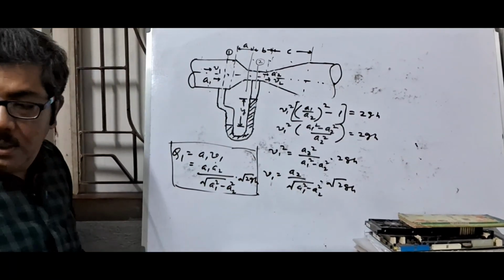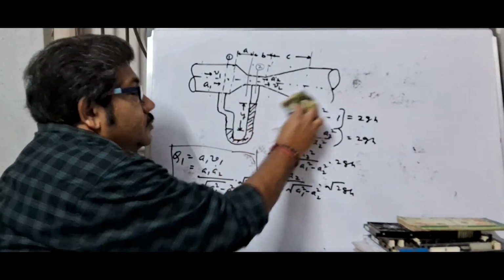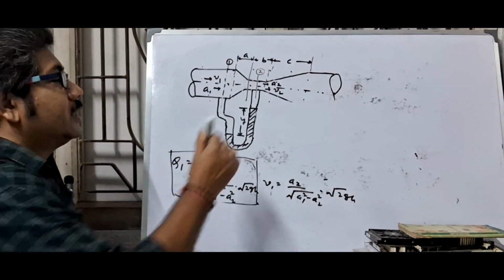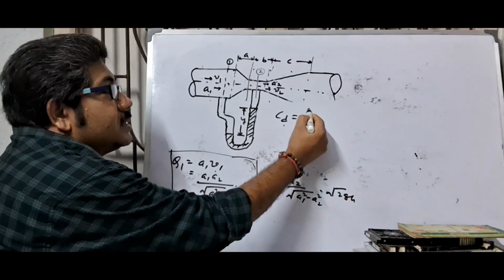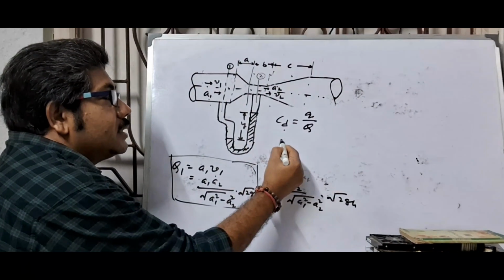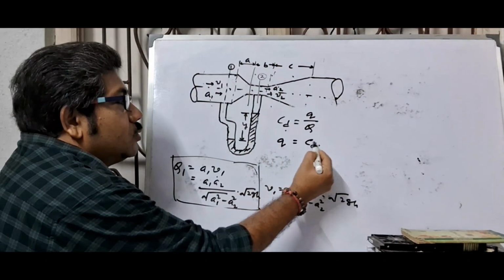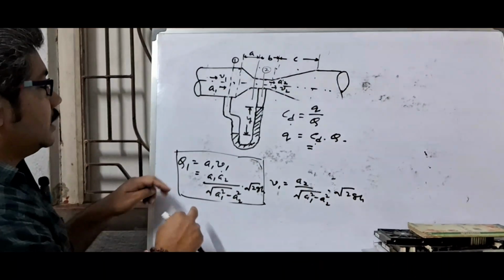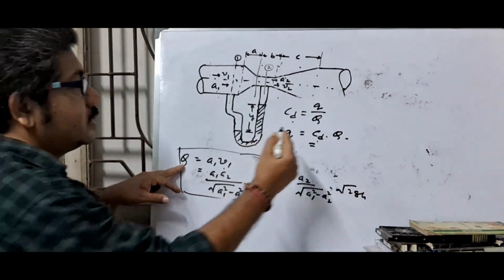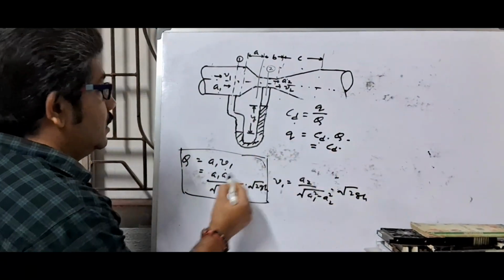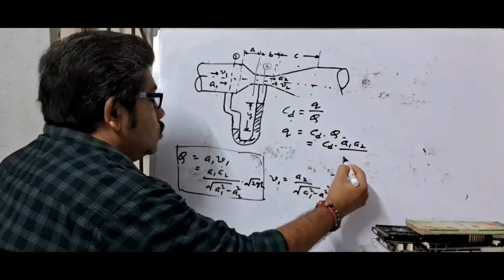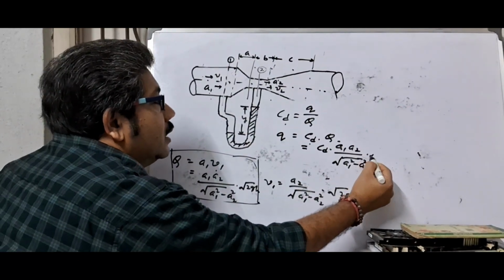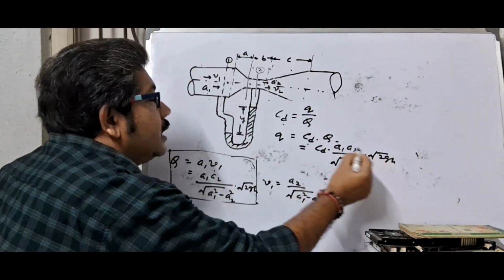So what is the value of actual discharge? We know that coefficient of discharge is equal to actual discharge by theoretical discharge. So actual discharge equals coefficient of discharge into theoretical discharge. That means putting the value of theoretical discharge, this is CD A1 A2 by root A1 square minus A2 square into root 2GH.